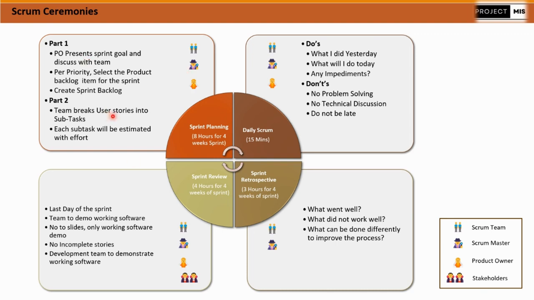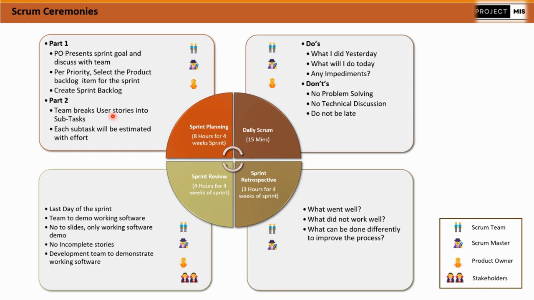Developers will understand from the product owner, okay, I have to develop this screen where I need to take input from the user and save the data into the database. But now, based on the requirement, developers will split that story into three tasks. One task will be assigned to one developer who will create the database.